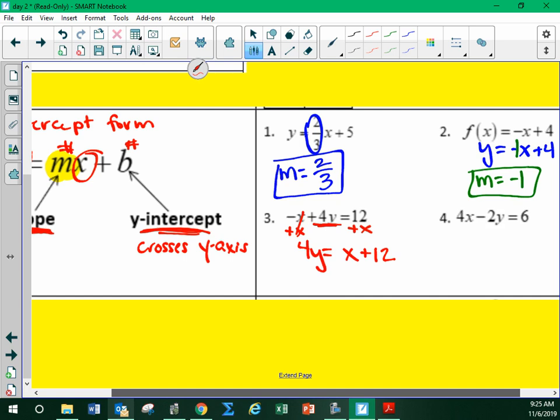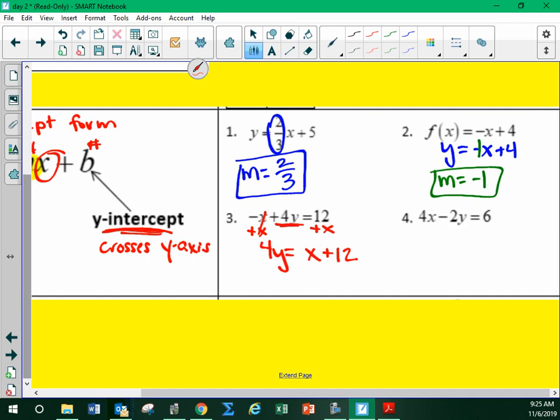I have to divide by 4. And I have y equals, remember the same thing as 1x, so 1 divided by 4, just 1/4 x, plus 12 divided by 4, which is 3. So we have y equals 1/4 x plus 3.